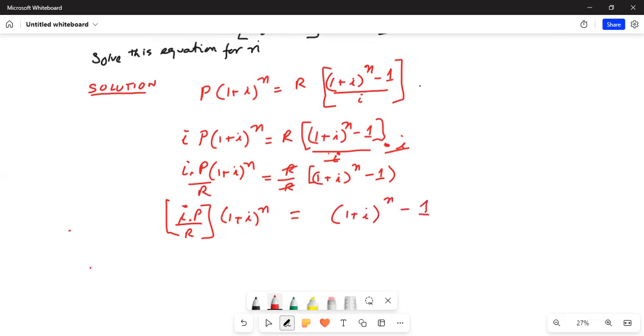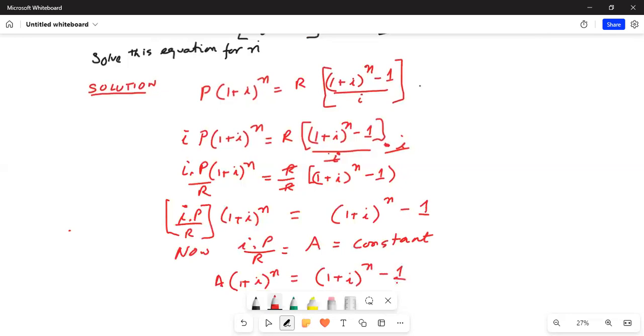Now I times P divided by R is a constant, let's call it A. Why is it constant? Because its value will depend on the given value of I, the given value of P, and the given value of R, so it is not going to fluctuate. So we can write the left hand side as A times (1 plus I) to the power of n, is equal to the right hand side, (1 plus I) to the power of n minus 1. Okay.